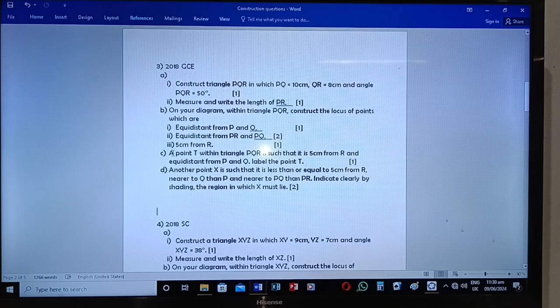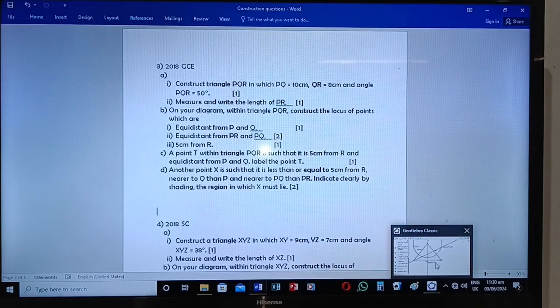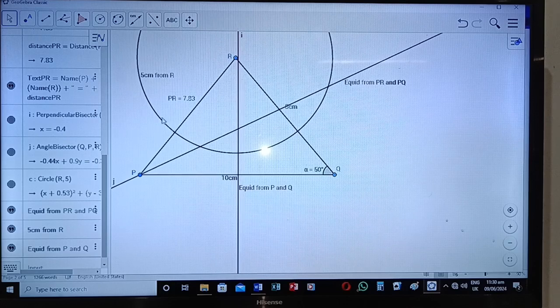We are told a point T within triangle PQR is such that it is 5 centimeters from R. So 5 centimeters from R, it means it will be along the circumference of this locus, which is 5 centimeters from R. So it will be along here.